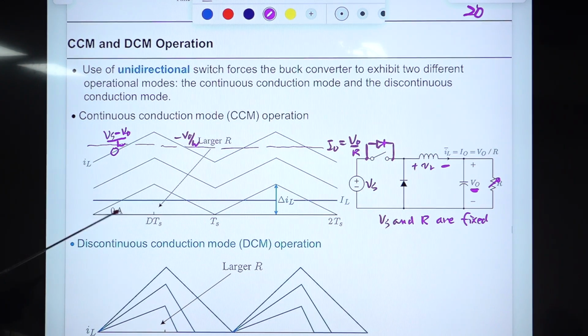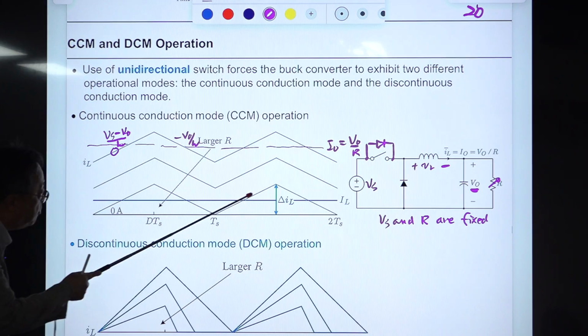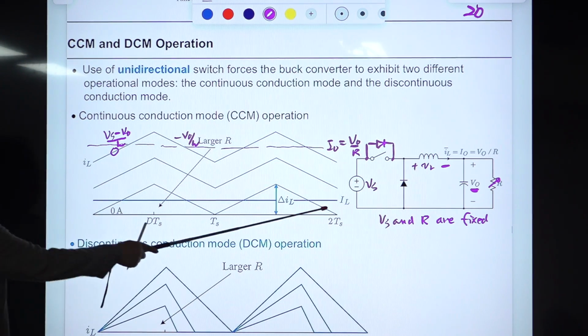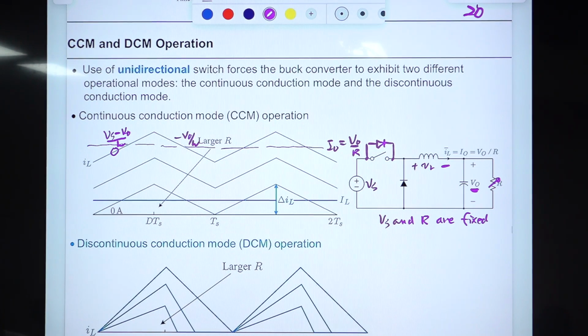In this instant, it starts from 0, goes to the peak value, goes back to 0, goes to the peak value, and repeats this. The condition for this is that the average value of the inductor current is exactly the same as one half of delta IL. Then you have this situation, right?